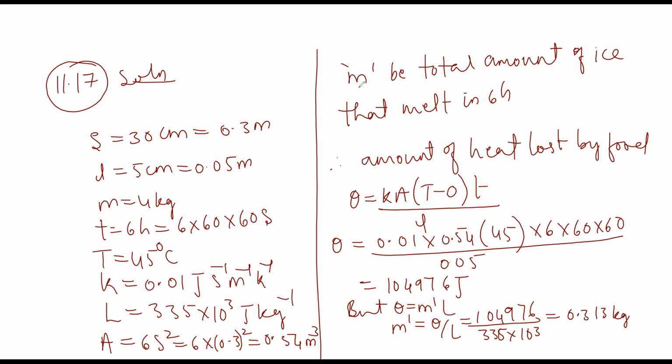So the mass of ice left is calculated by 4 minus 0.313, which is equal to 3.687 kg.